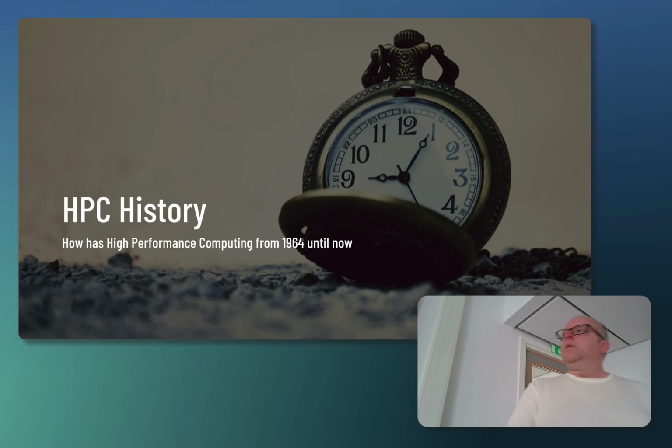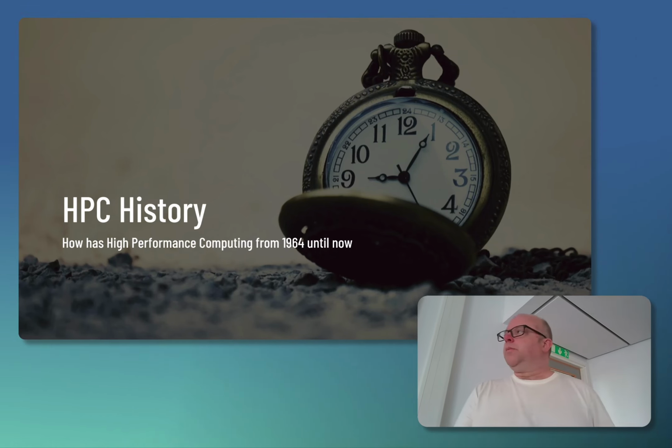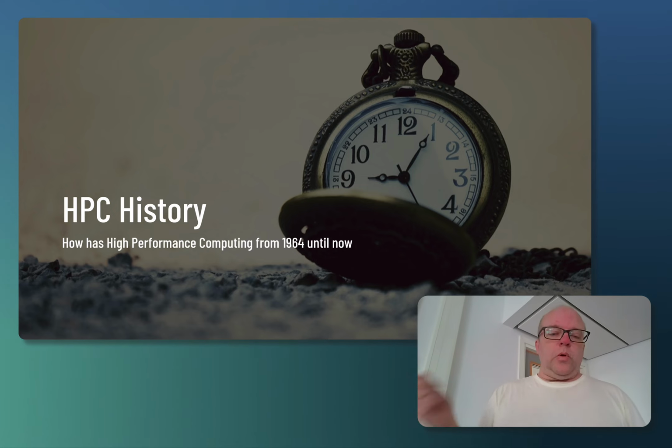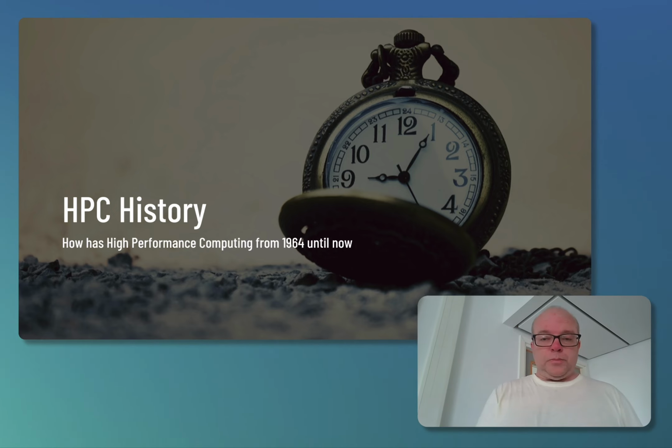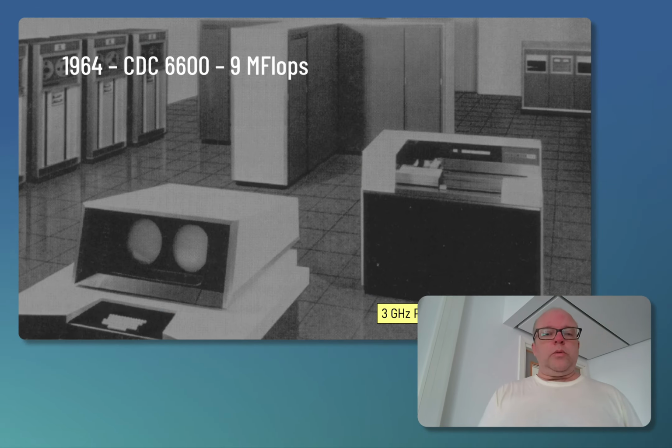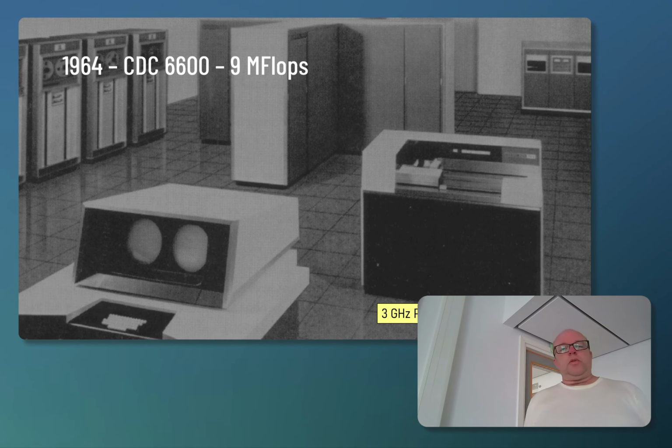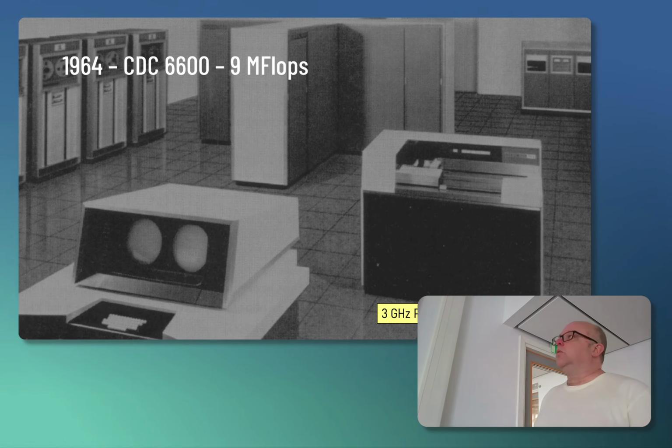So a little bit about HPC history. We are going all the way back to 1964 until now and see how things have evolved. In 1964, one of the first supercomputers was built, the CDC 6600. The performance was 9 megaflops.